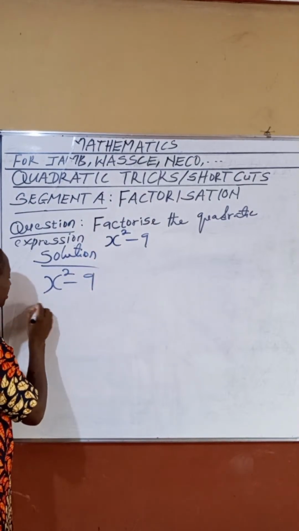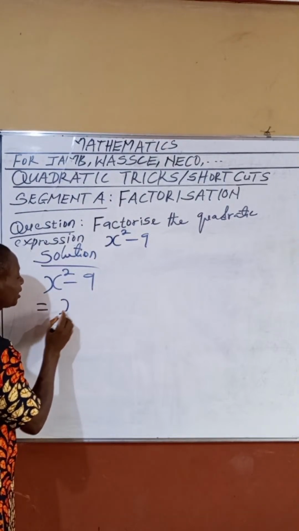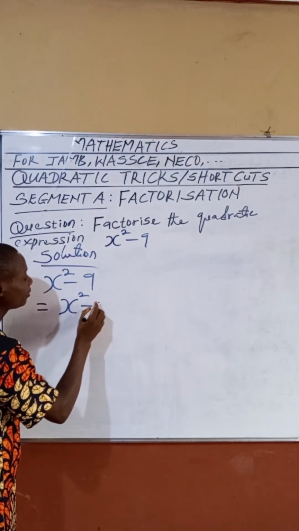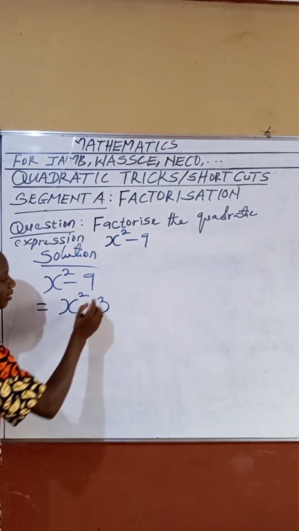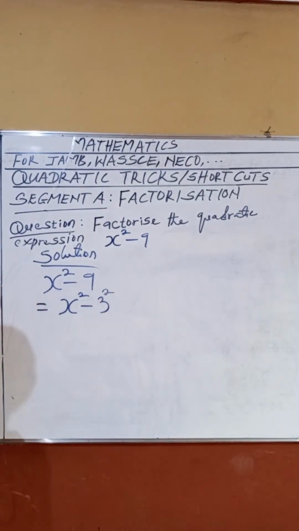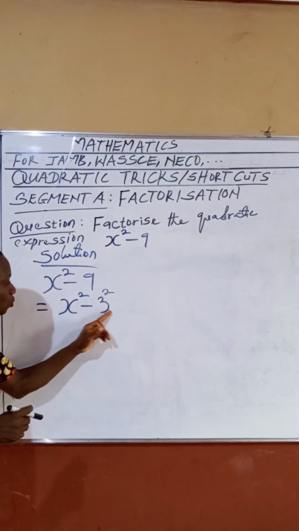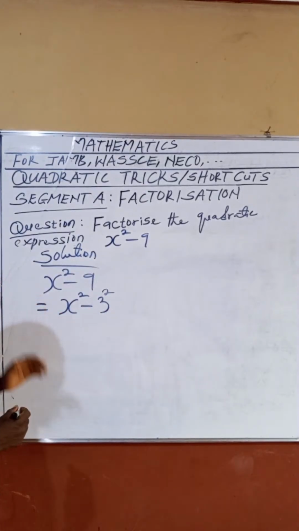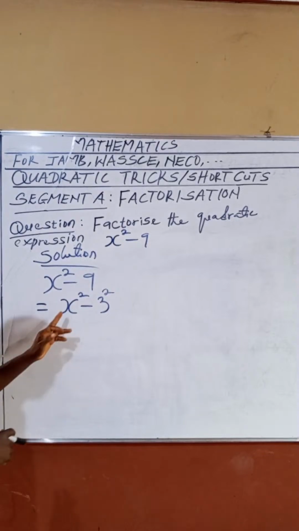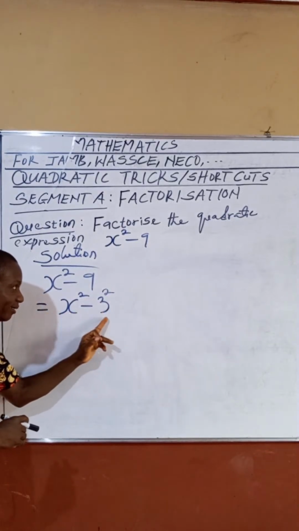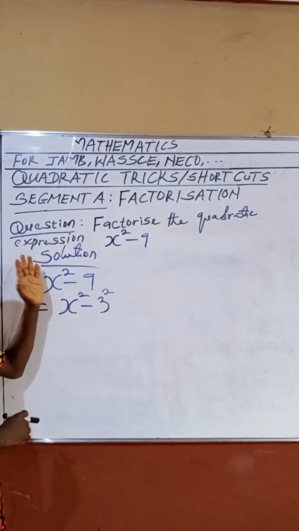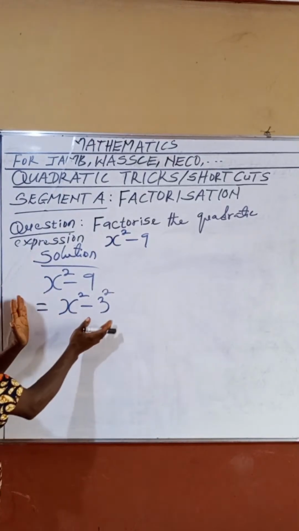So this means that we are going to have x squared minus 3 raised by 2. That's why this is called difference of two squares. So if we have difference of two squares like this, I'm going to write that because it's good to understand how to go about it.